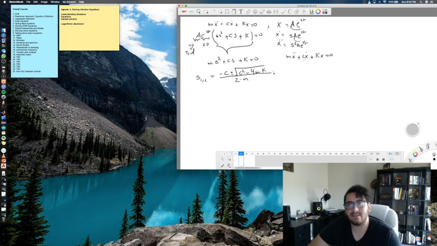If I'm trying to find the natural frequency here, not this term, because that's the term before I solve it. This is the term after I solve it.